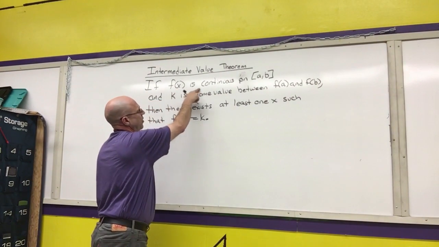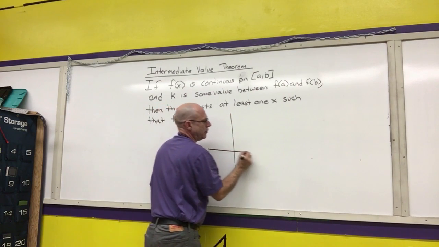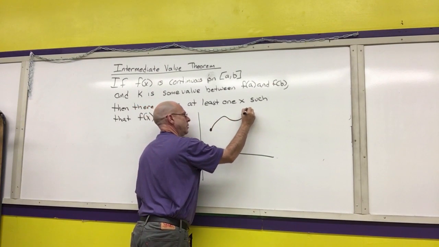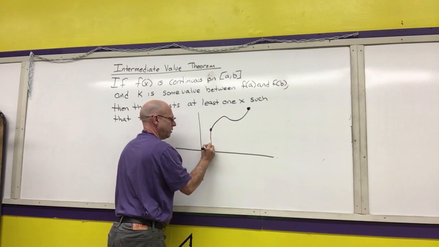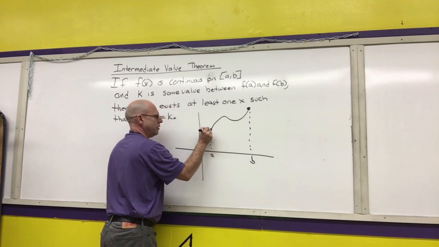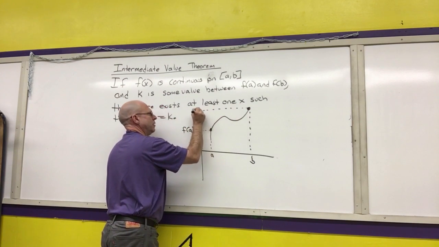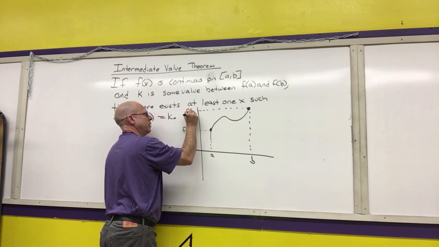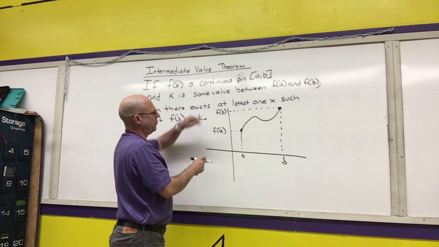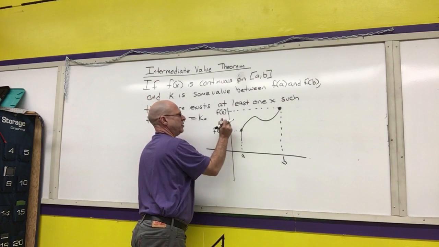So first thing I want to do is make a generic continuous function. Here, that's A, that's B, this would be f of A, this would be f of B, and it says k is some value between f of A and f of B. So what that means is I have a point k somewhere in between here.